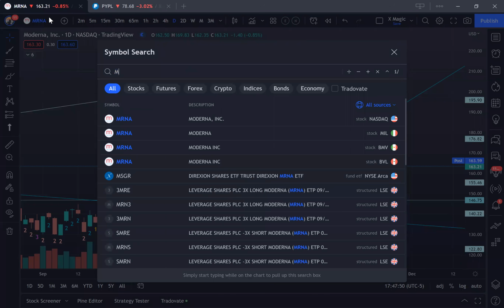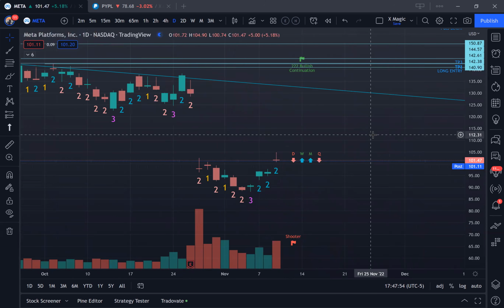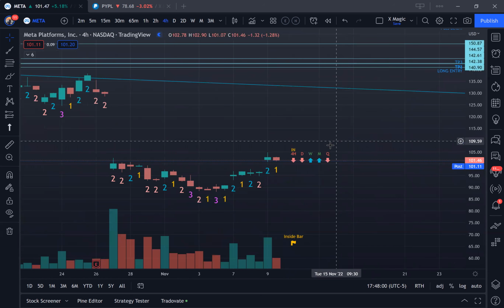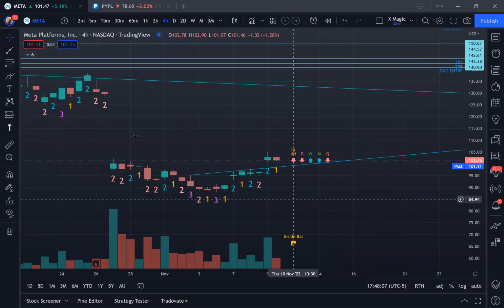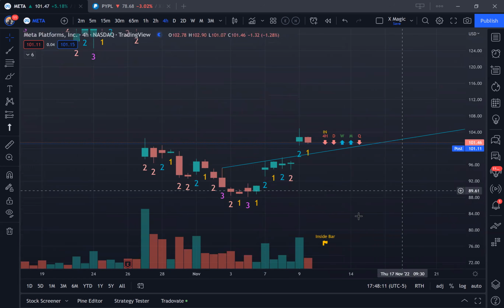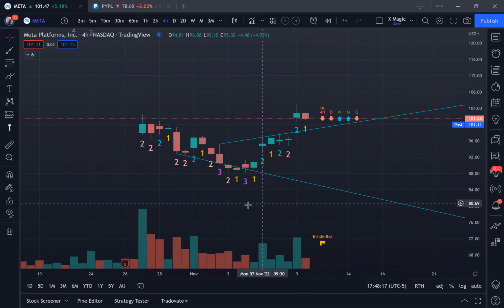I think Meta as well. So Meta, I don't have my BFs drawn, but let's just draw them now as an example. So the 4-hour, let's just say here to here. And then I could do something like there to there.